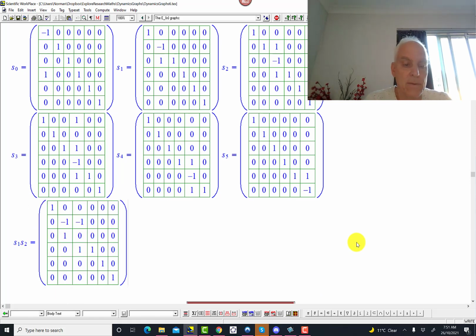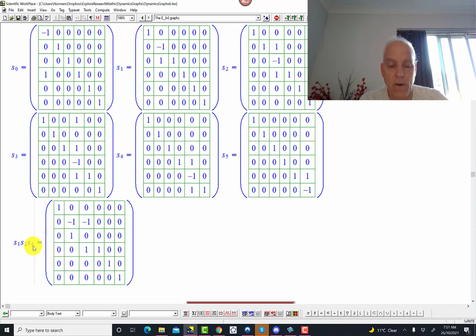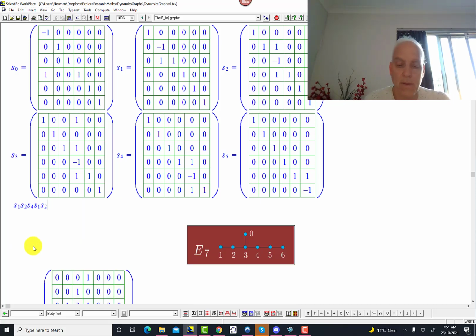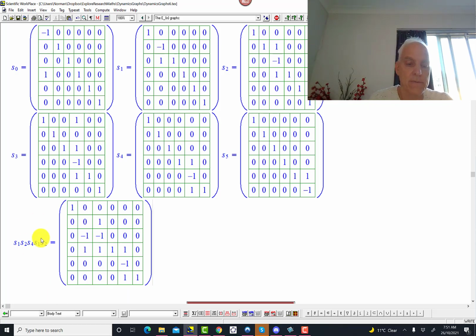What's that thing there? I can get fancier. I can do something maybe like S1, S2, S4, S1, S2. So this is the effect of doing these mutations in that order.